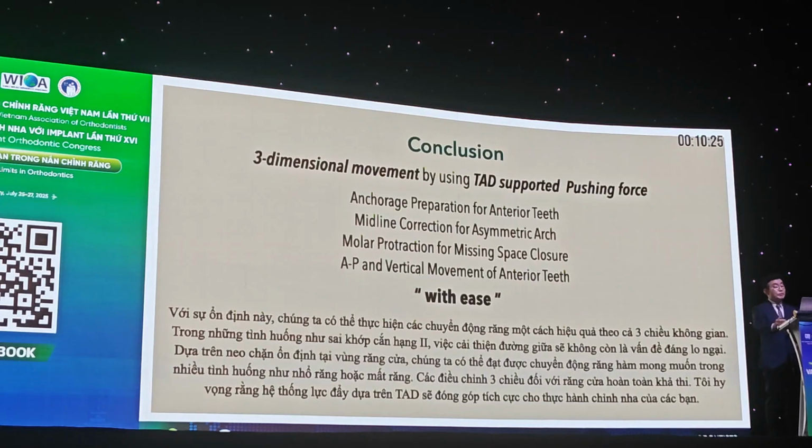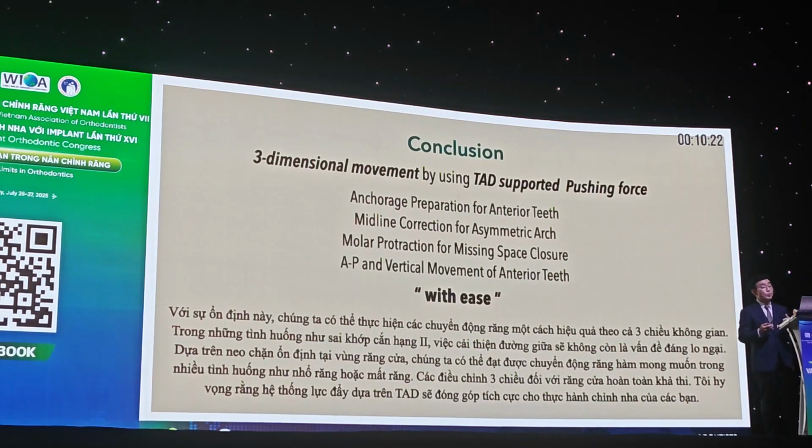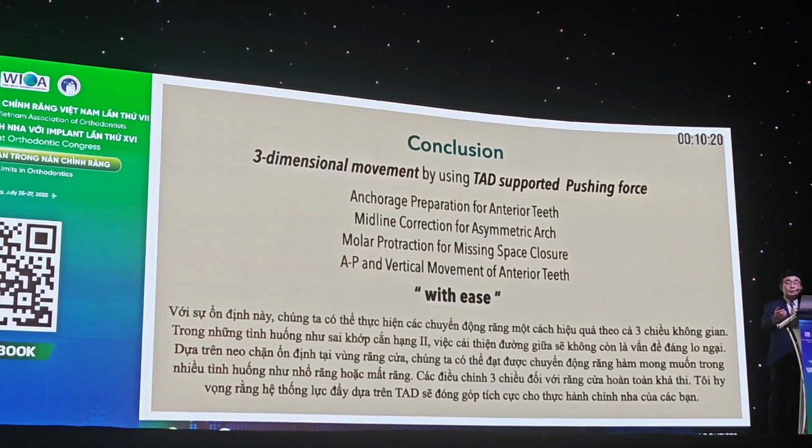Based on stable anchorage of the incisors, we can achieve desired molar movement across various extraction and missing tooth scenarios. Three-dimensional adjustment of the incisors is entirely feasible. I hope that the TAD-supported respring system will significantly enhance your orthodontic practice.